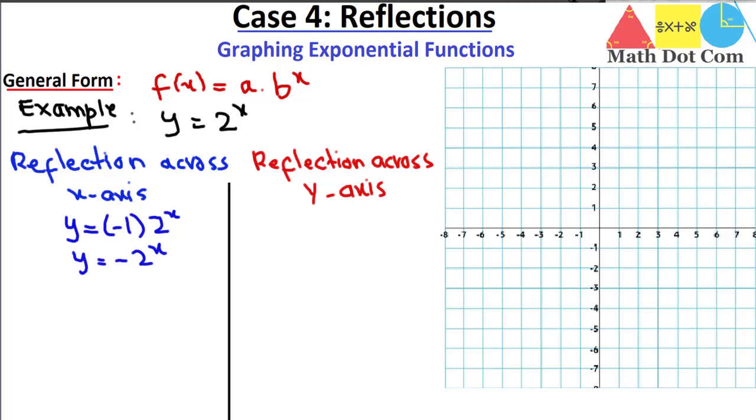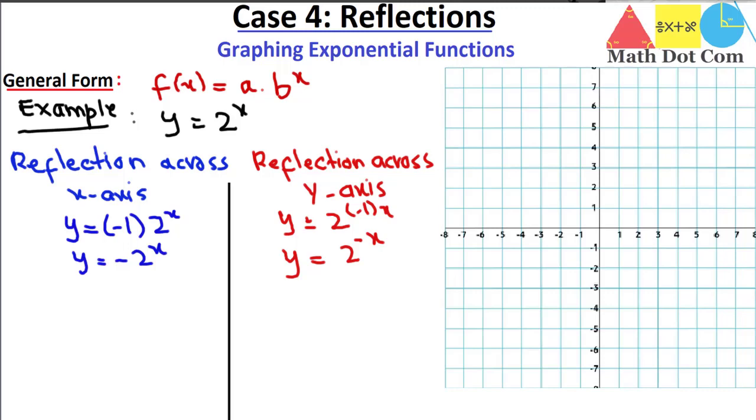But when we want the reflection across y-axis, we will multiply the value of x with minus 1. So it will be y = 2 raised to power minus 1 multiplied by x, and what we will get is y = 2 raised to power minus x. So this function will show the reflection across y-axis.